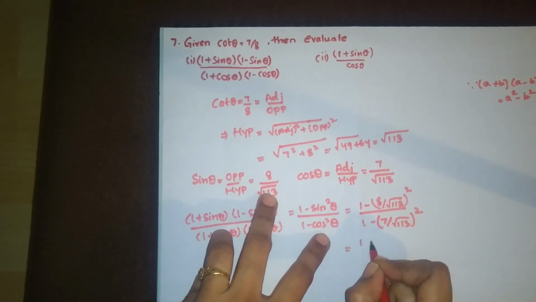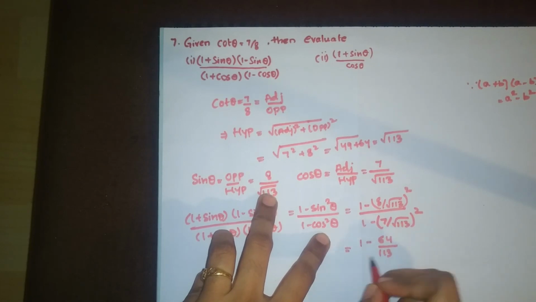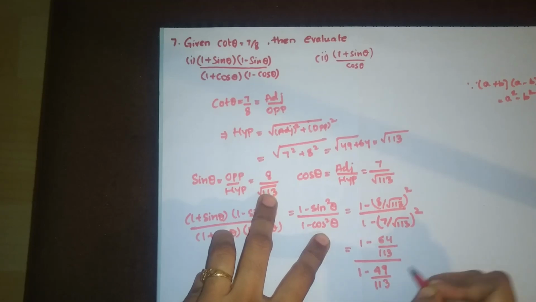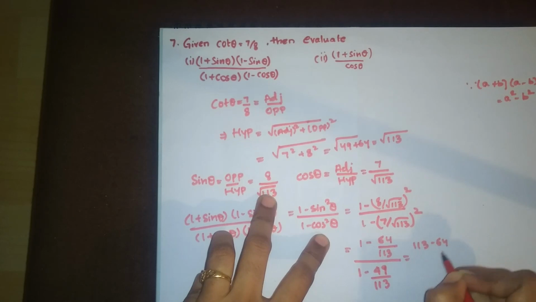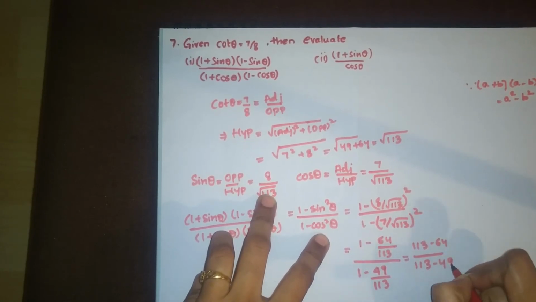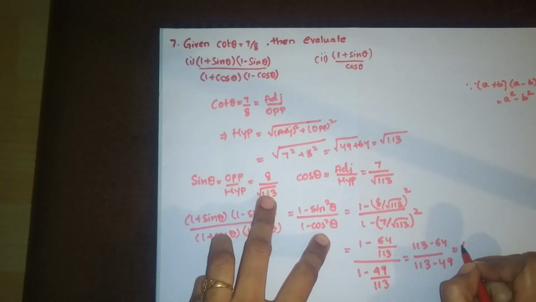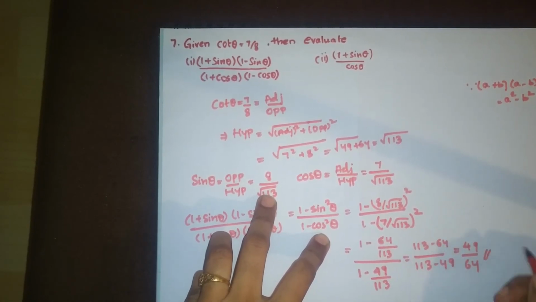This is equal to 1 minus 64 by 113 divided by 1 minus 49 by 113, which is equal to (113 minus 64) divided by (113 minus 49), which is equal to 49 by 64.